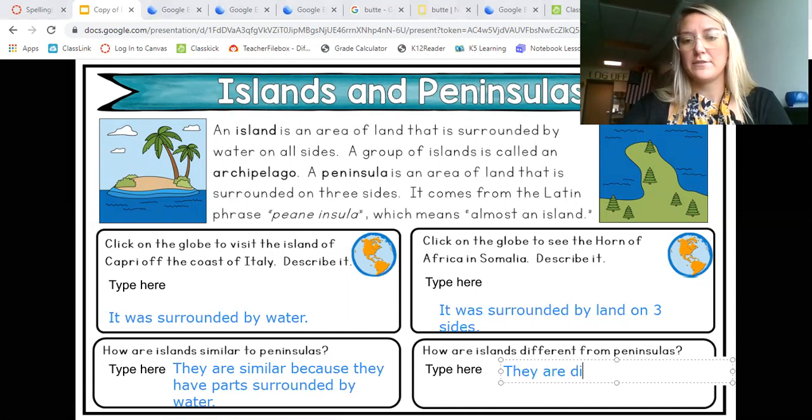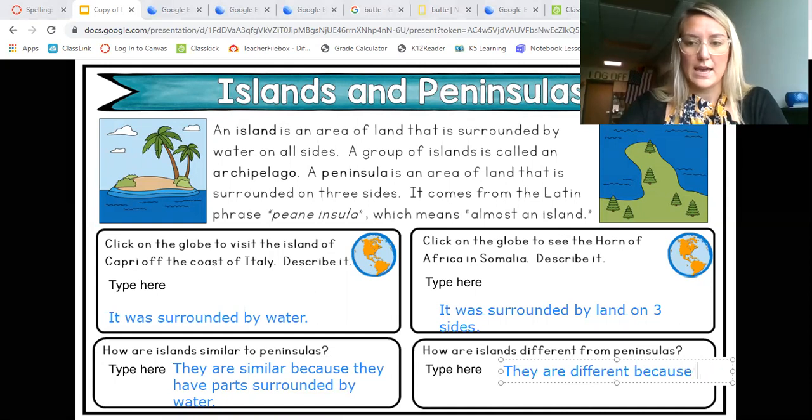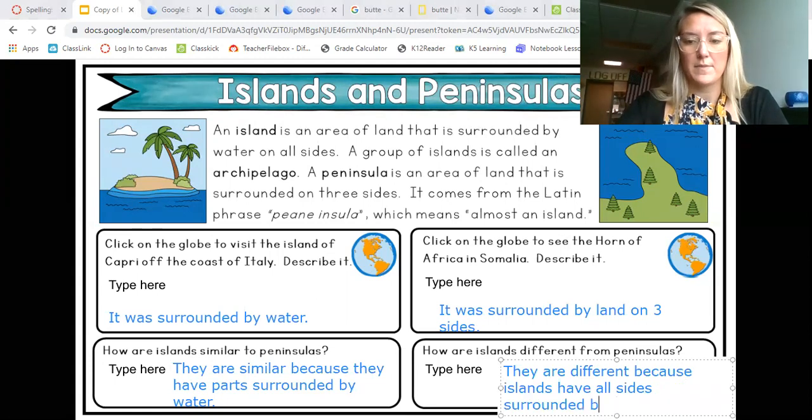They are different because islands have all sides surrounded by water, and peninsulas only have 3 sides.